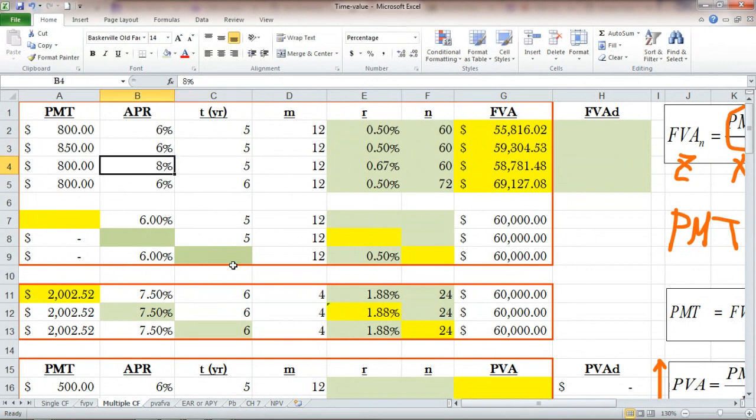Finding a bank that pays 8%, this is not under your control, right? You can search the banks, but banking is a very competitive industry. So one bank doesn't pay much better interest rate than another bank.